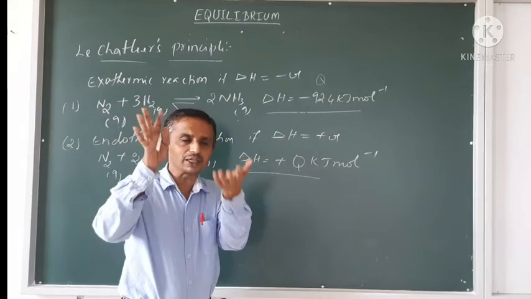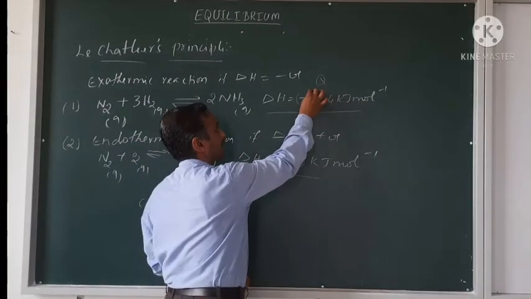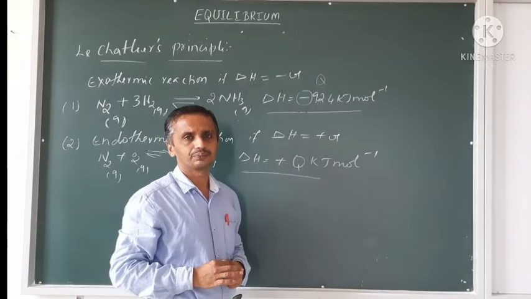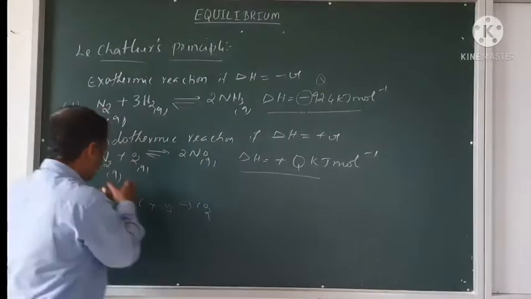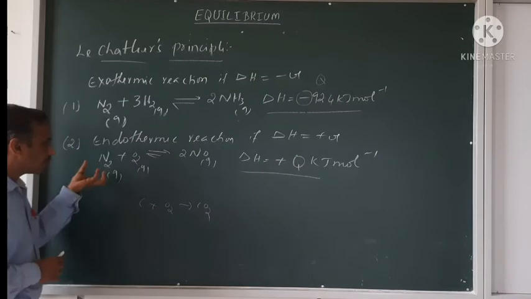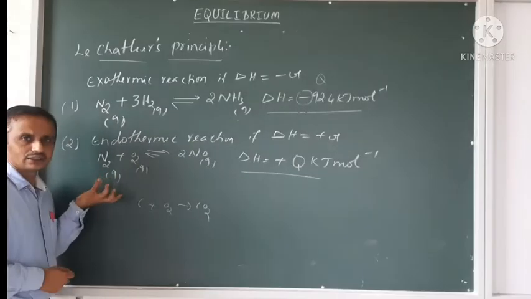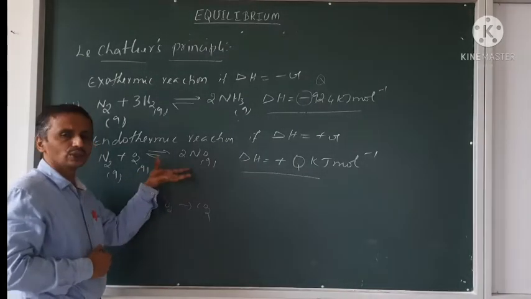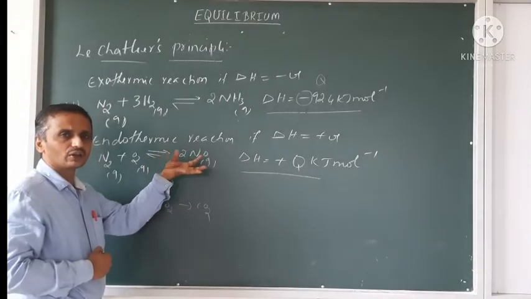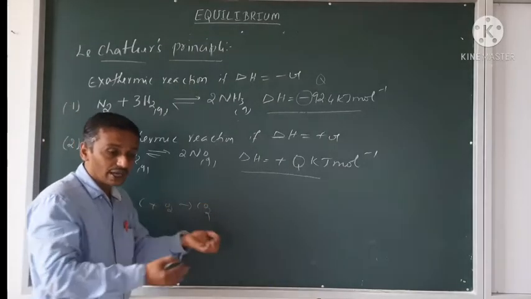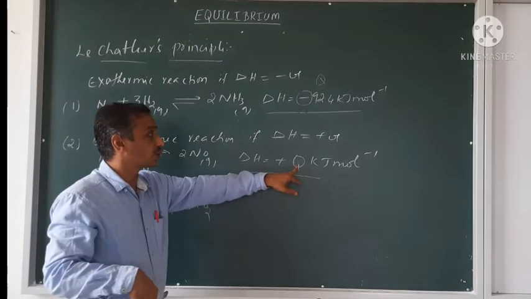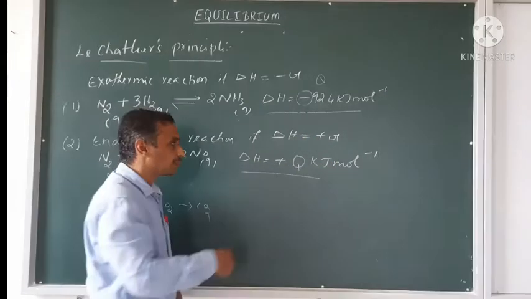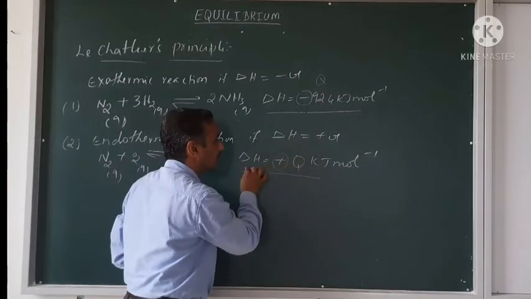As I mentioned, liberation, I will not write the minus sign here. Already, liberation is negative only. Now, what about this? 1 mole of nitrogen gas combines with 1 mole of oxygen gas, giving 2 moles of nitric oxide gas with absorption of Q kilojoules per mole of heat. Absorption is due to delta H positive.